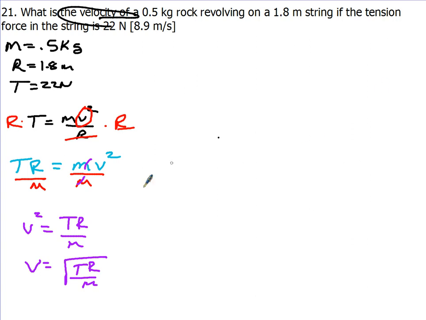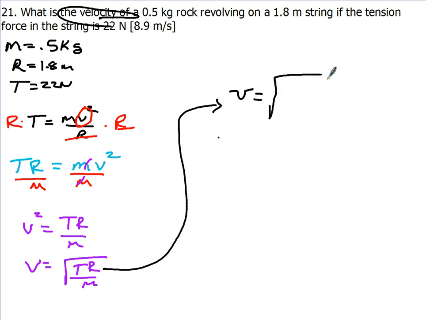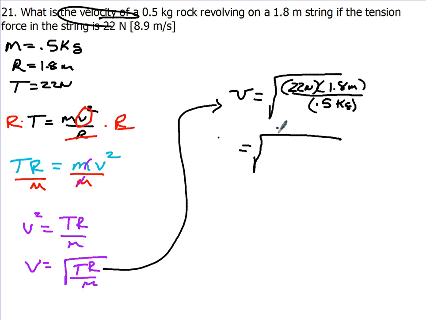Now let me plug my numbers in. Let me bring it up here. So the speed is equal to the square root of 22 newtons, T, times R, which is 1.8 meters, divided by the mass, which is 0.5 kilograms. Now, folks, go on and do your mathematics as simply as possible. Multiply 22 times 1.8, and that is 39.6.